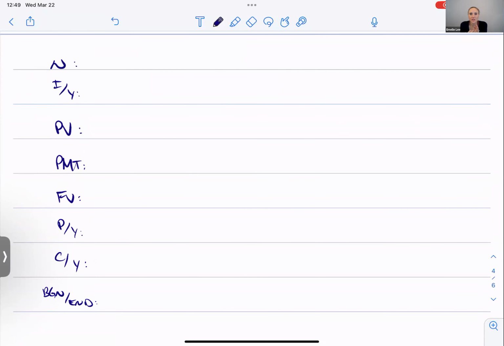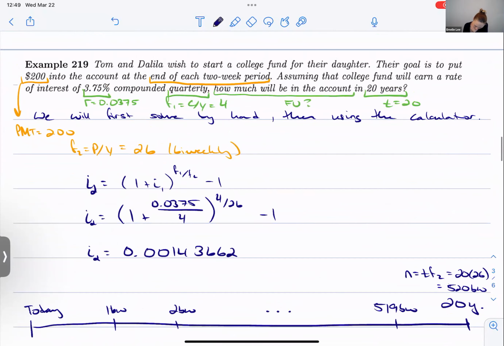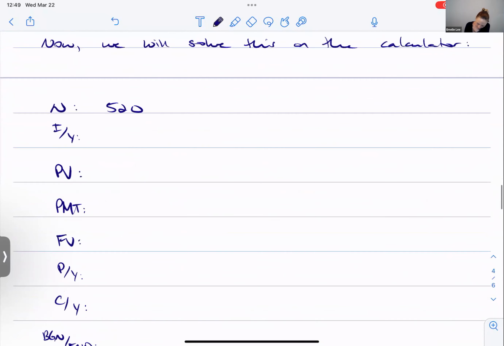We have a lot of these components already, right? And so we know that N is 520, right? It has to be the number of payments. The interest per year was 3.75, I think. Yep, 3.75.